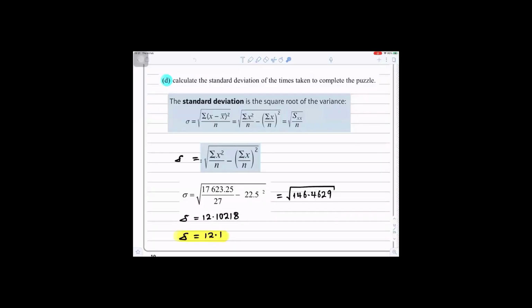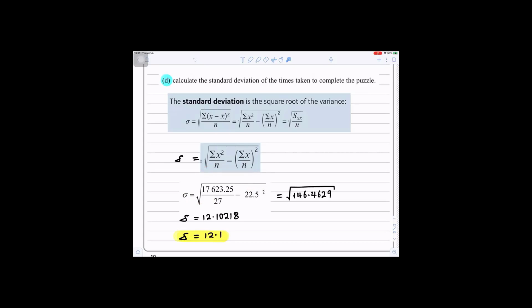Calculate the standard deviation of the times taken to complete the puzzle. The standard deviation formula we would use, I've circled it. So the sum of X squared is 17623.5. N is 27. And the mean that we found is 22.5, and we square the mean.